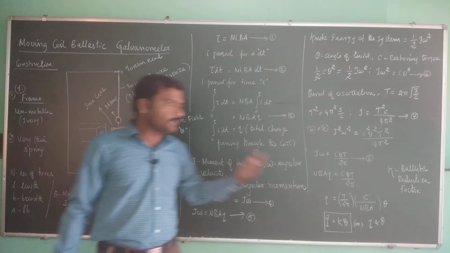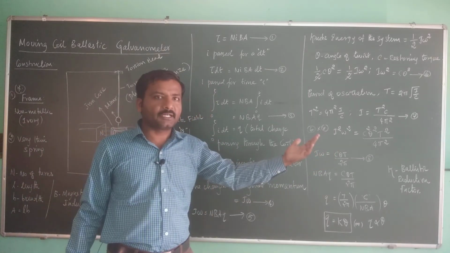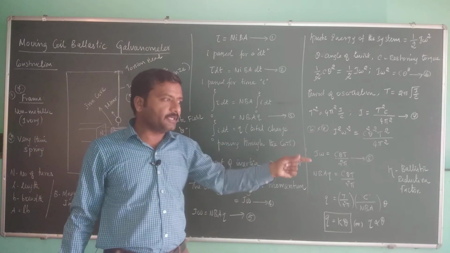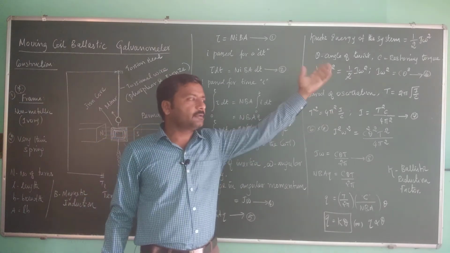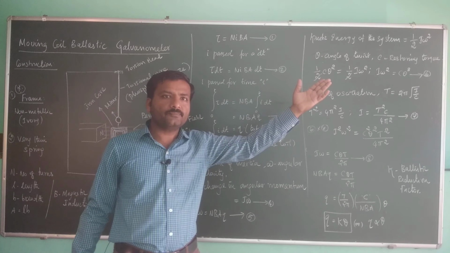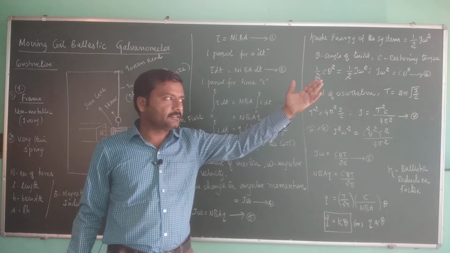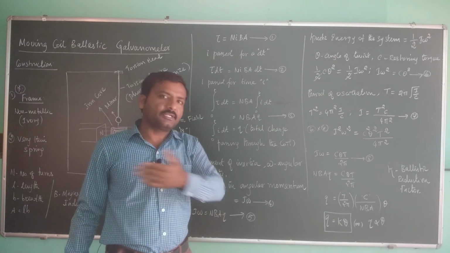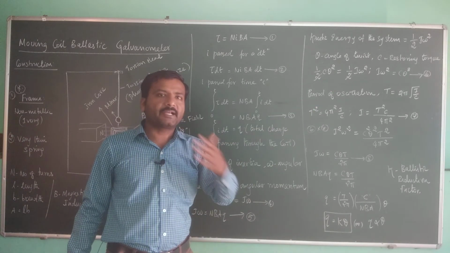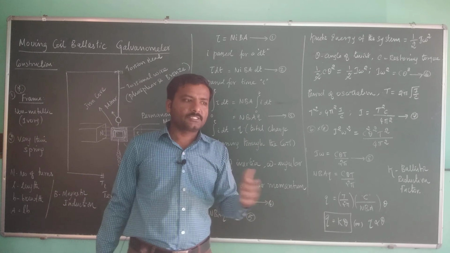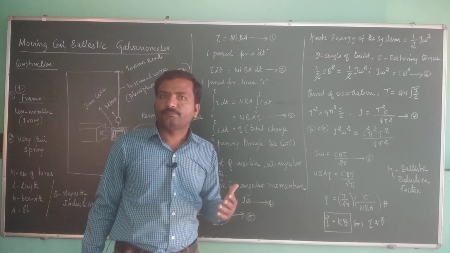So if you stop the current, what happens? The momentary current is passed, so that a throw occurs, and the light is moved to one extreme. Then it slowly comes back and goes to the next extreme, and again goes and comes, which means there are back and forth oscillations, and slowly it will settle to zero.